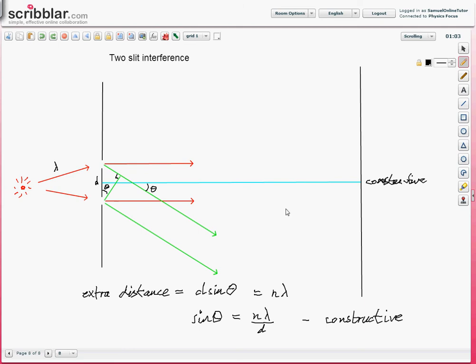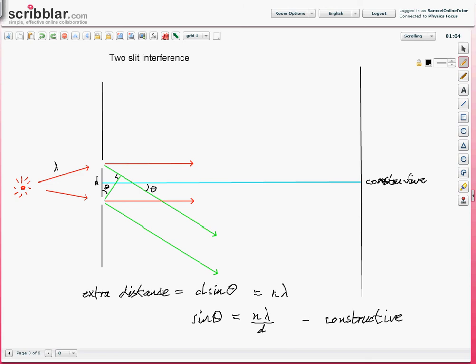The light only travels forwards from the two slits. So n can take any value so long as sine theta doesn't exceed 1 overall. So you may well have several maximum points on your screen over here. When you do this with a laser through two slits, you usually see several bright patches, a series of bright fringes going across.